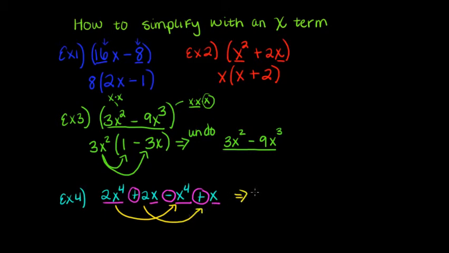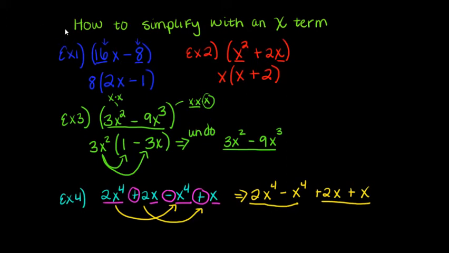So what we essentially have is rewriting it 2x to the 4th power. We can minus off the same family. Now we have a positive 2x and then plus x. So all I did was rotate the terms a little bit so they are right next to each other. Makes it a little easier to see.